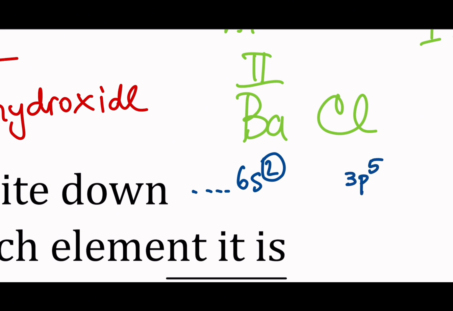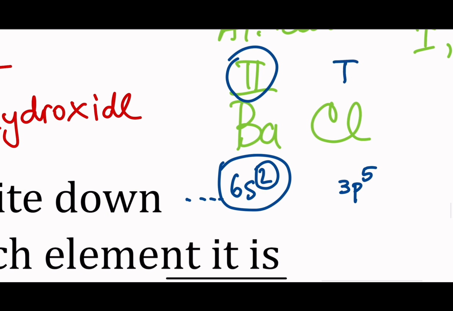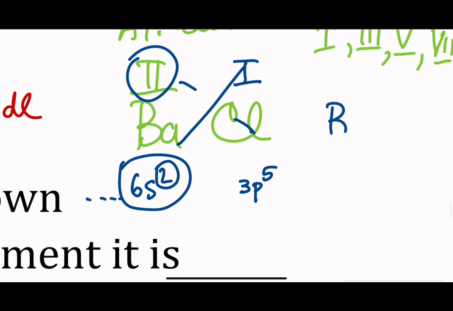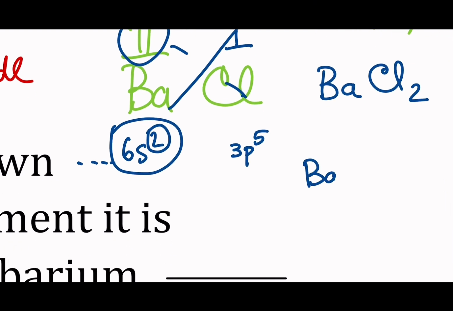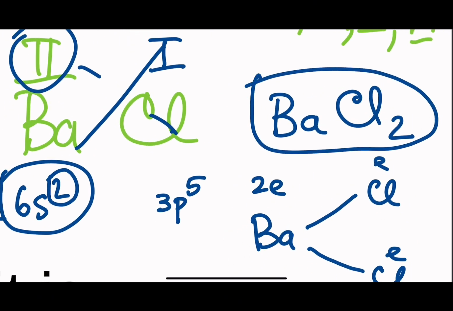So barium donates these 2 electrons and has valency of 2, and chlorine takes 1 electron, so it has valency of 1. If you do cross on cross, the formula would be BaCl2, meaning that of the 2 electrons from barium, 1 went to one chlorine and 1 went to another chlorine, right? Altogether, the formula is BaCl2.